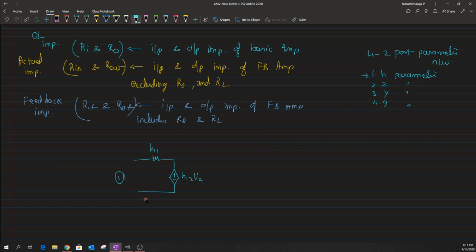Okay, and on the other hand, across the second port, we have one more parameter, which is H21, which has a transfer function of H21, but depends on the current flow of this I1. So I1 is nothing but the current that flows through this first port. Clear? And we also have a resistance which is modeled as H22, or this H22 can be anything. Okay, so it is not just the resistance; it can be any type of network that can fit here.